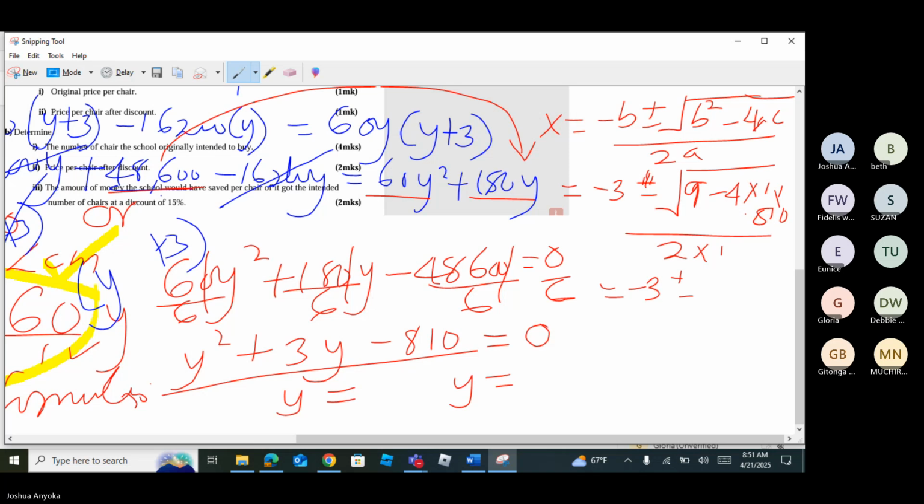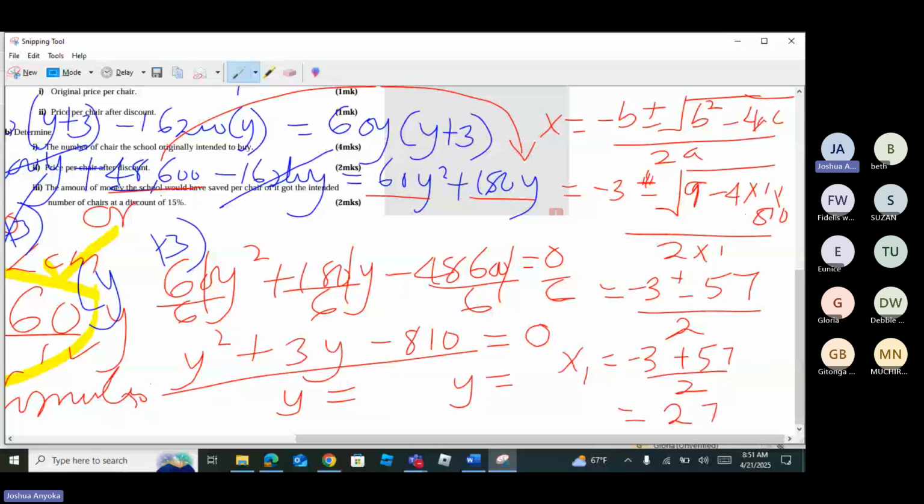Root 3249 is 57. Plus or minus 57 over 2. So the first y1 is equal to -3 plus 57 over 2. This gives us 57 minus 3, 54. 54 over 2 is 27.